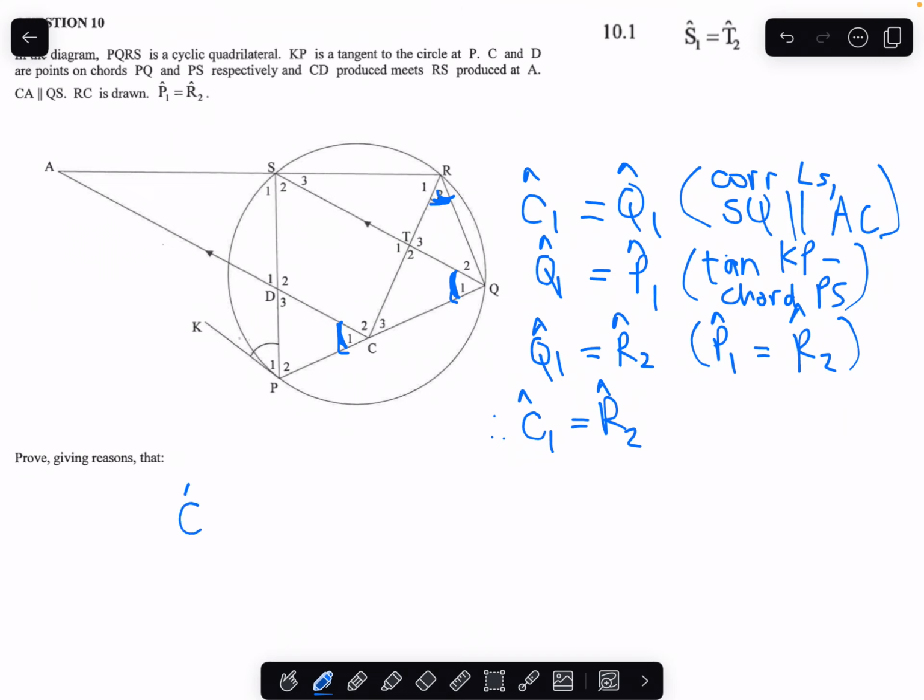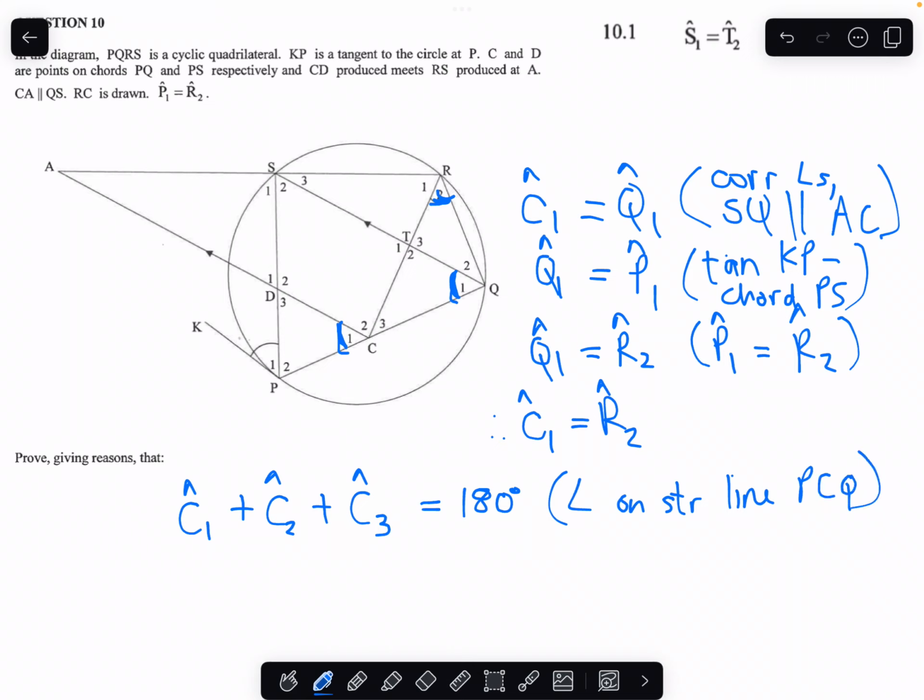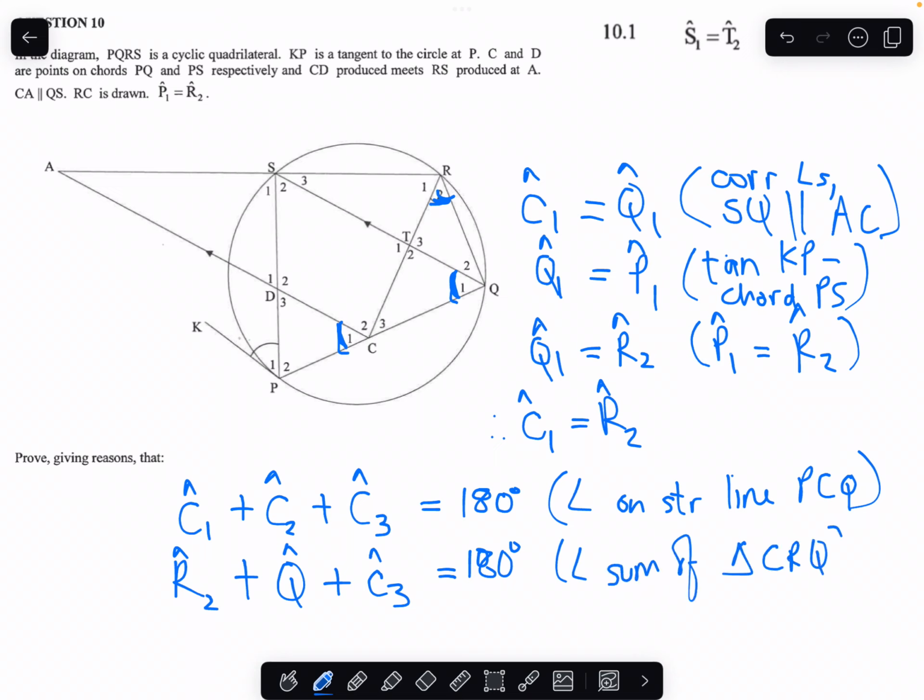So we know that C1 plus C2 plus C3 is equal to 180 degrees because angles on straight line, let's say PCQ, right? Then we also know that angle R2 plus angle Q plus angle C3 is equal to 180 degrees because angle sum of triangle CRQ.